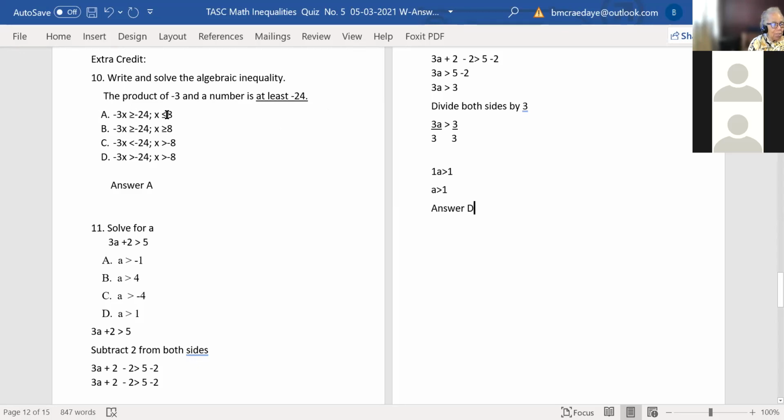It's just the value that you substitute in for the X. I gave you credit if you got A or B because you at least got the inequality right for the 3 times the product of a number and the number is at least -24.